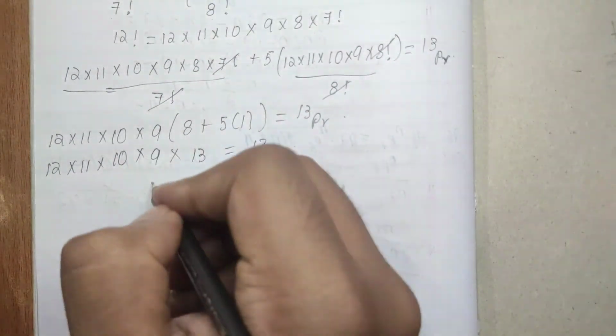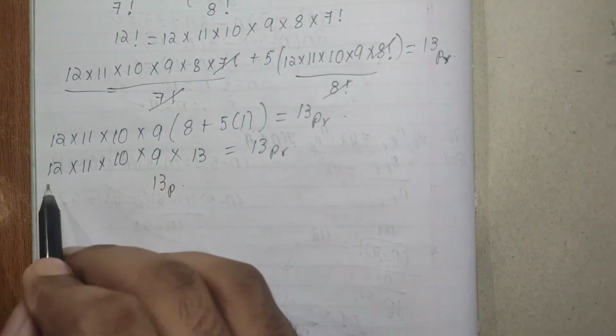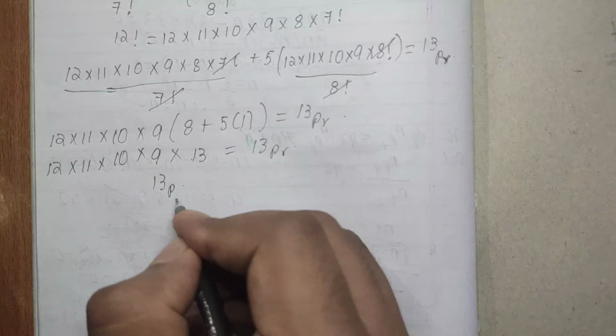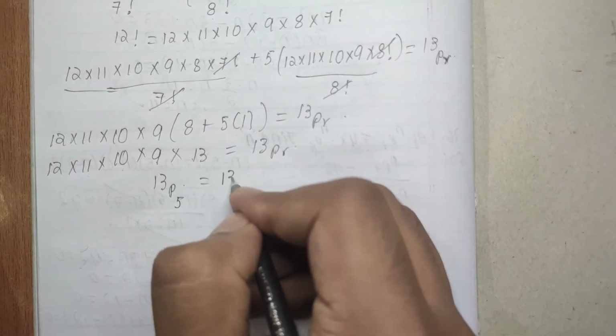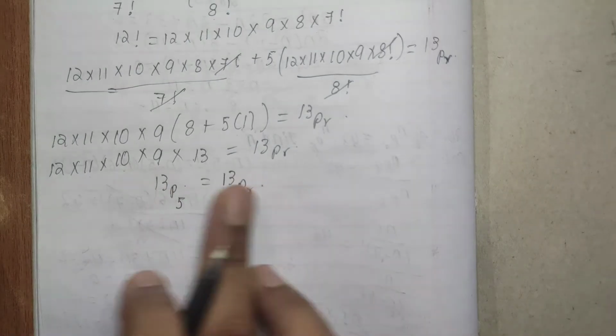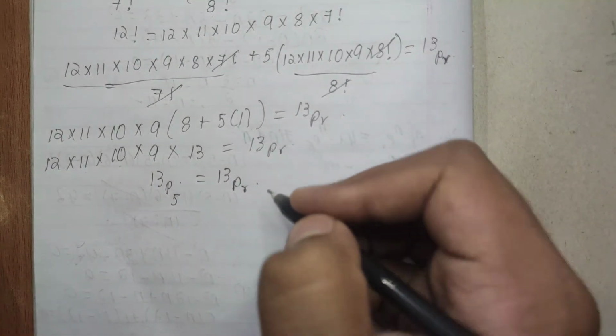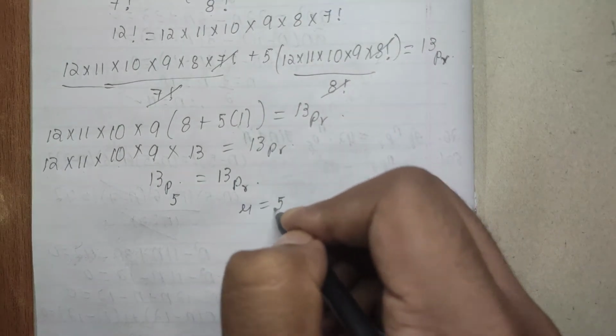So this can be written as 13P. You are having how many terms? 1, 2, 3, 4, 5. So this can be written as 13P5. As n value is the same, equate r values, so r equals 5.